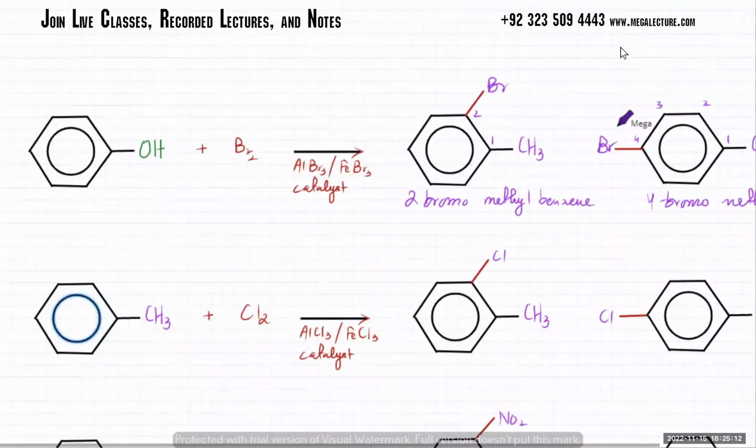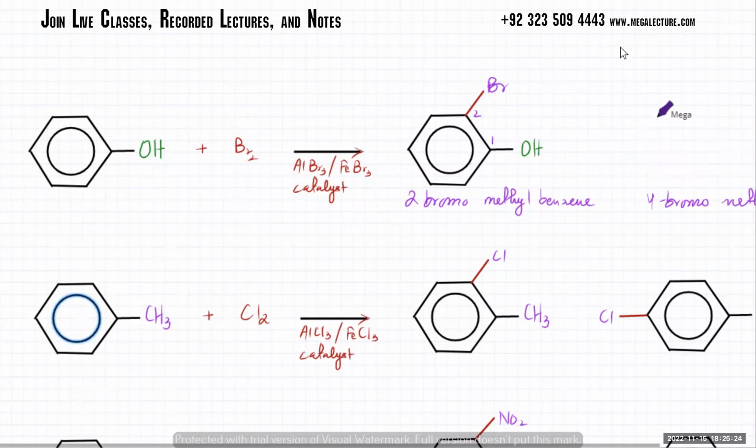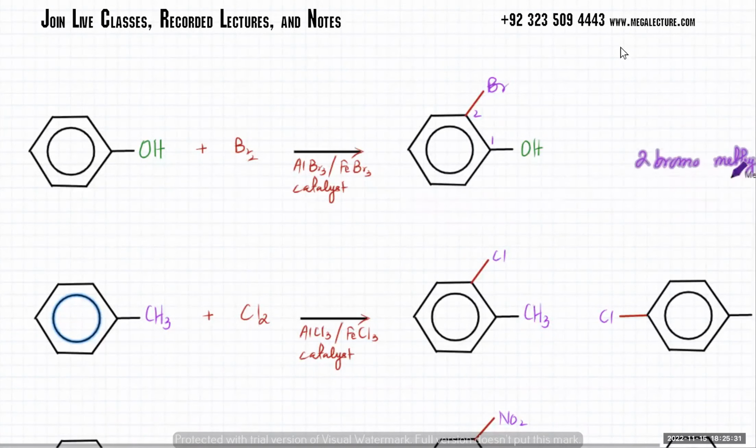So the Br is obviously going to get attracted to position number 2, but the reaction is so vigorous you only get one compound. You don't even get the other compound. Okay? You get one compound, which is only one compound obtained. That the Br will get attached to position number 2.